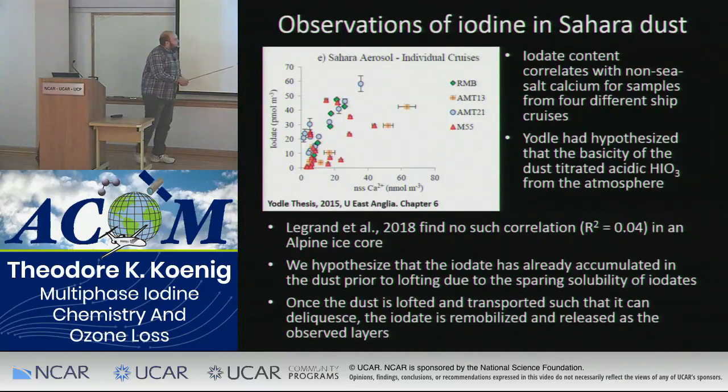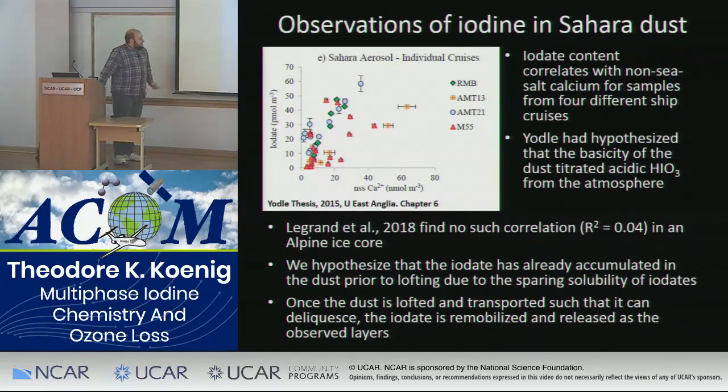And based on this, I went back and searched through the literature, and there's this thesis out of the University of East Anglia by Yodel, and they had seen this correlation between non-sea salt calcium and iodate content of aerosol, which looks quite nice across 4 different ship campaigns.